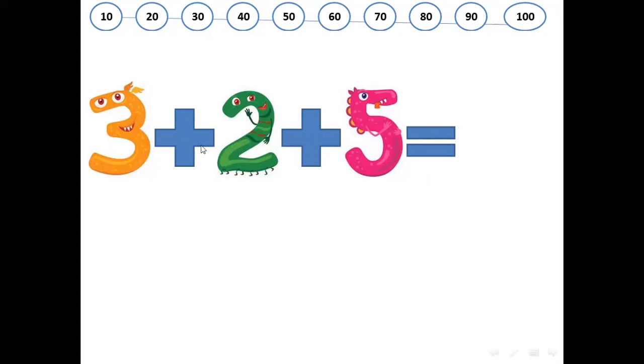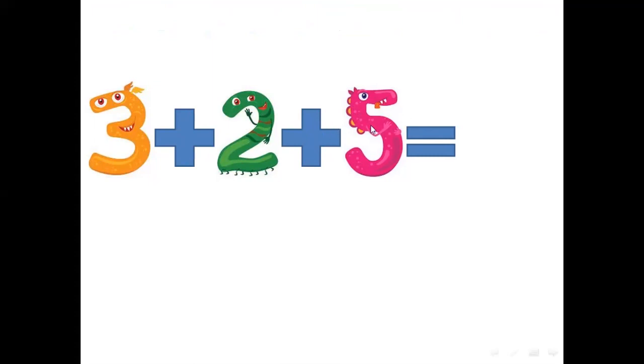So, when I have 3 digits numbers, how can I do it? The first step I told you: hide the third number. Hide this number.